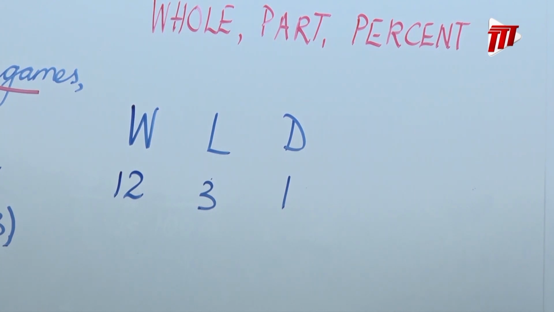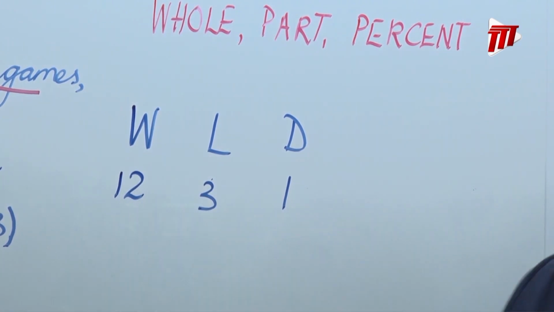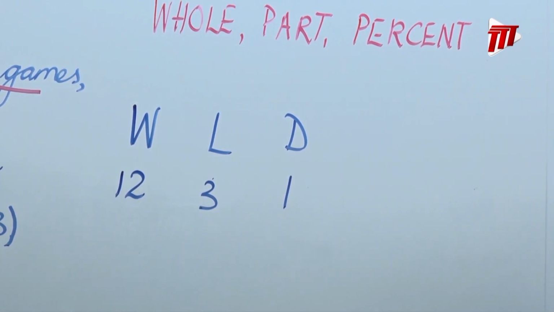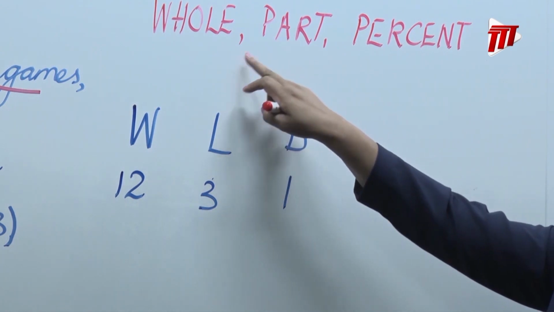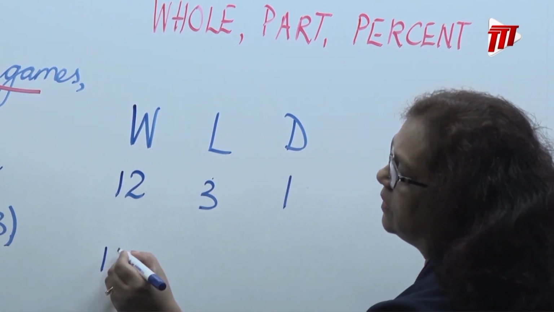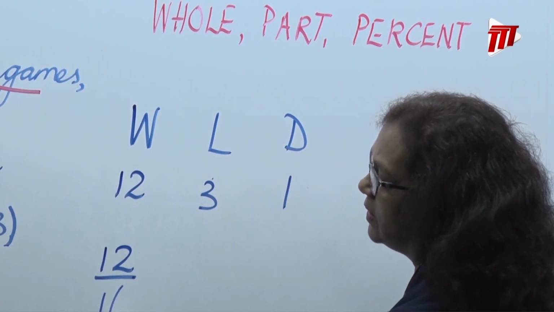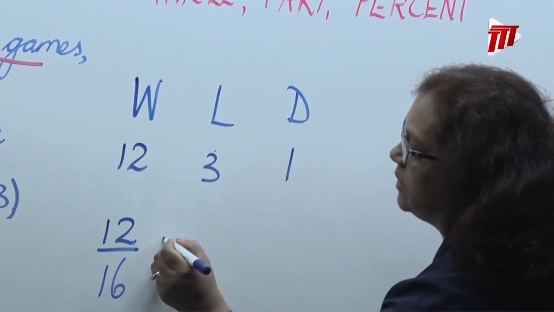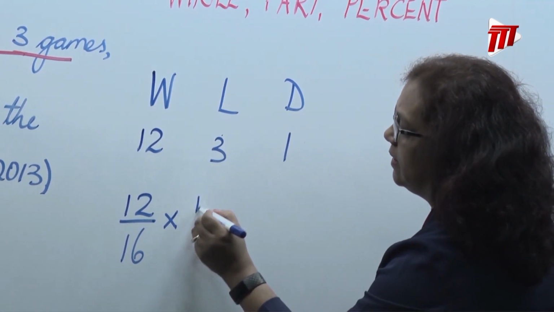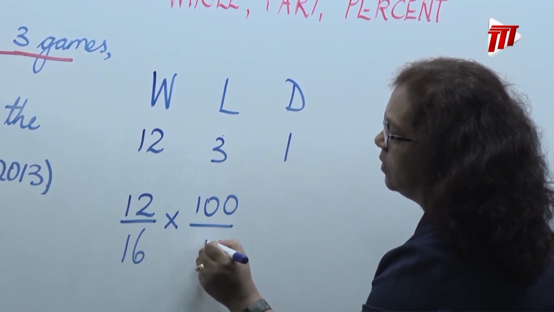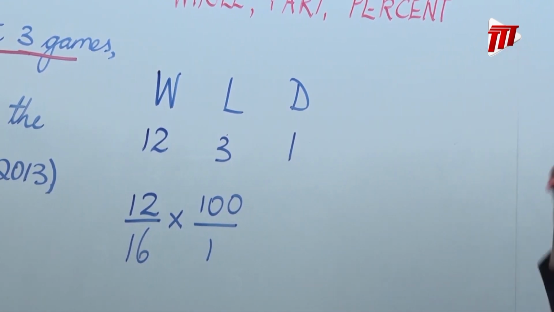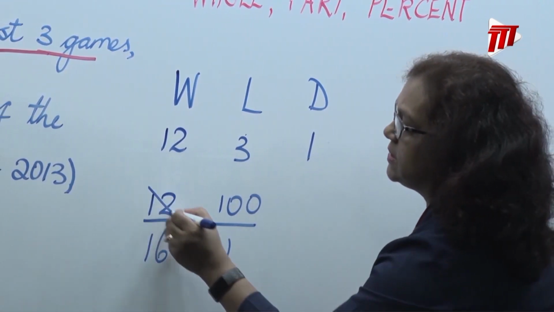Right, so what I'm asked to find is what percent of the total number of games did they win? So I need to express 12 as a percent of the whole, which is 16. So 12 over 16 multiplied by 100 over 1. And I'll work this.